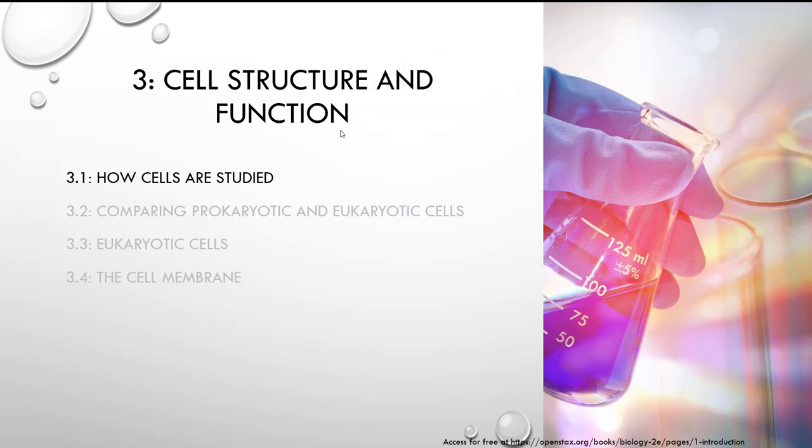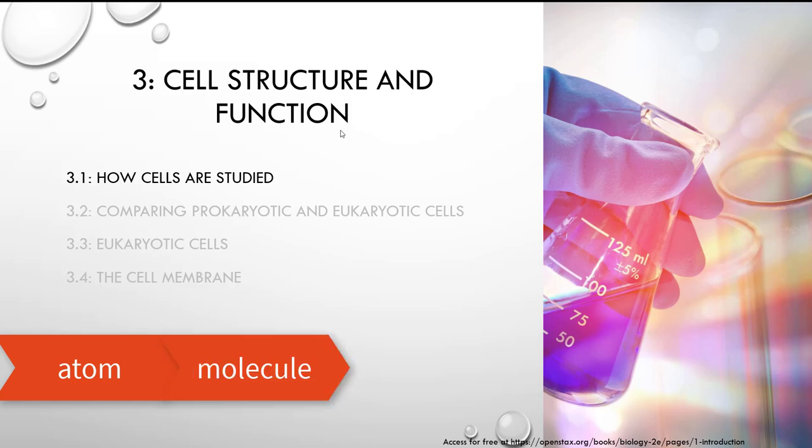We've been studying living things, starting with the smallest part of life's hierarchy, the atom. Then we have two atoms connected together with a chemical bond forming a molecule. Then we learned how we can unite molecules with dehydration synthesis reactions to form macromolecules.